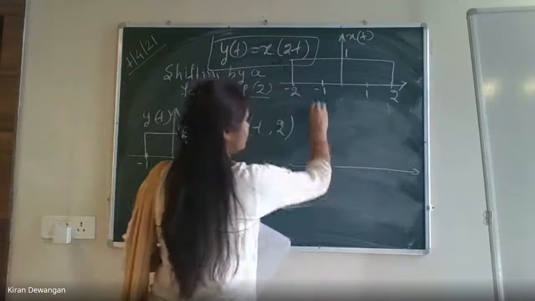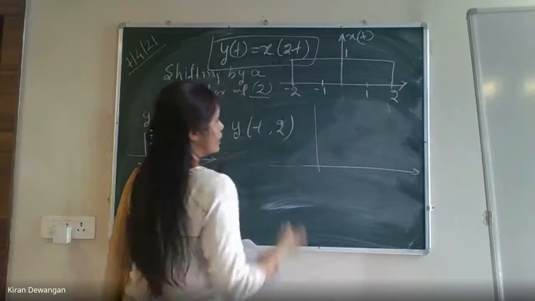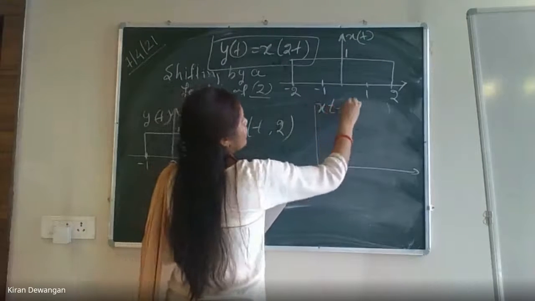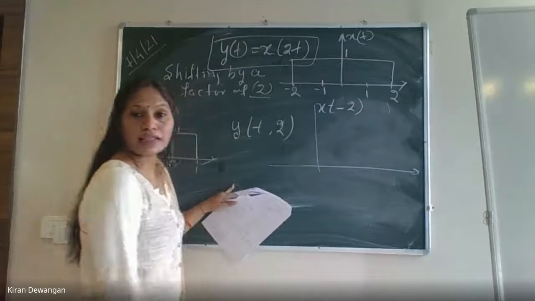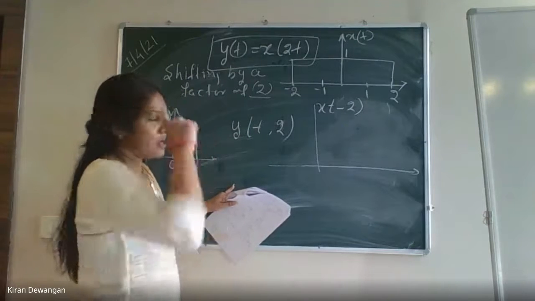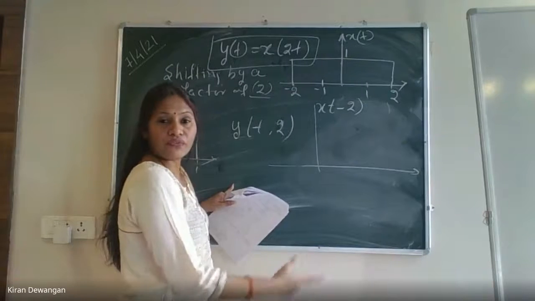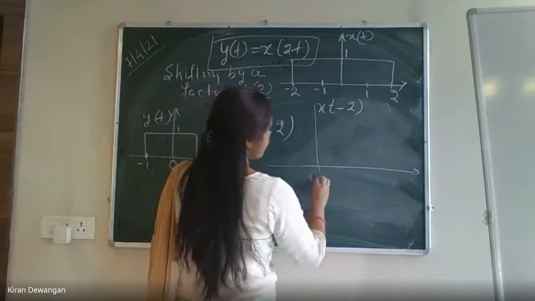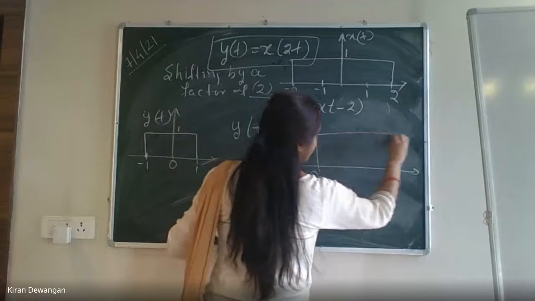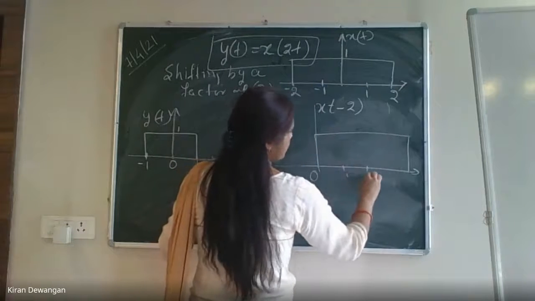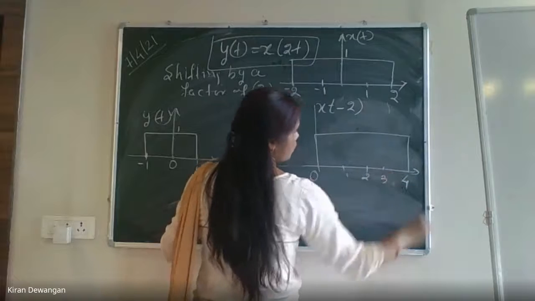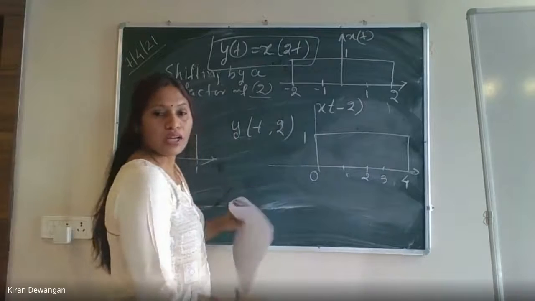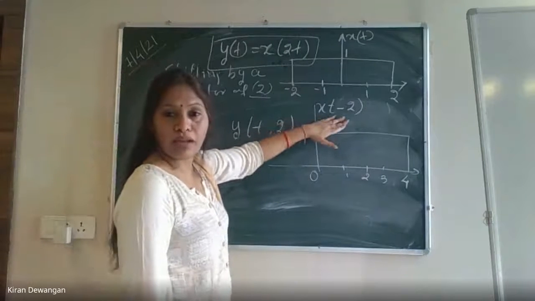What I am plotting is x of t minus 2, where it will shift to the right, correct. It will start from 0 and go till 4. So this is my x of t minus 2.